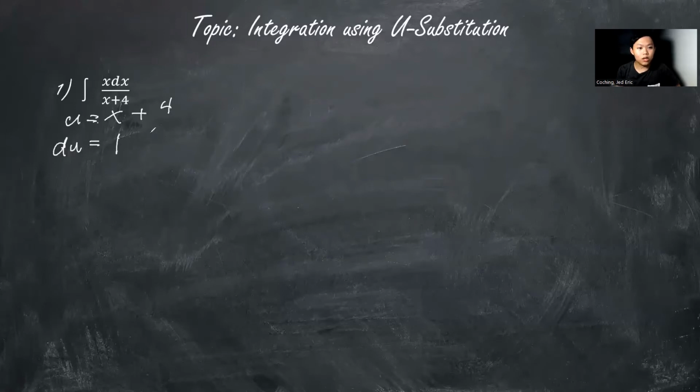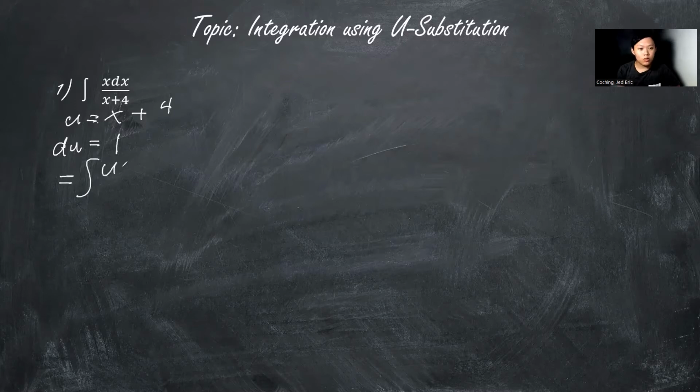Then that will be equal to u minus 4 divided by u over du.